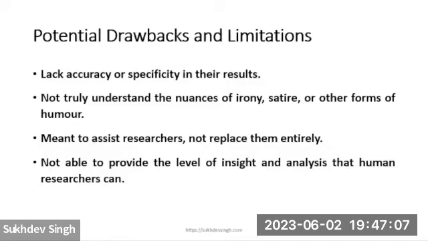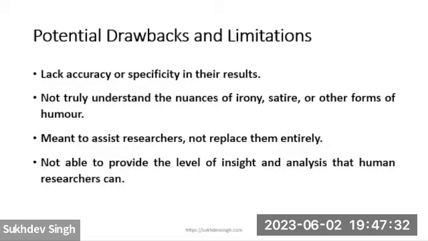However, they are not without drawbacks and limitations. The major drawback is that these tools and artificial intelligence as such have not yet matured to the level that they can be fully trusted. So you have to apply your mind, and they may lack accuracy or specificity in their results.